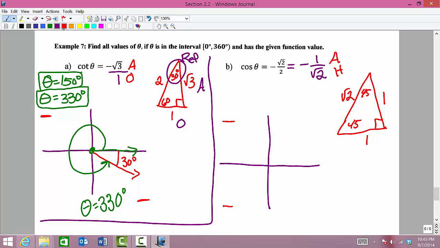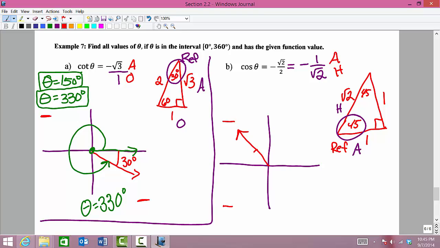So what angle are we describing? Well, this is my hypotenuse, and the adjacent side would be 1. It looks like we're working from the perspective of a 45-degree angle. So that's my reference angle. So we have a 45-degree reference angle in quadrant 2.